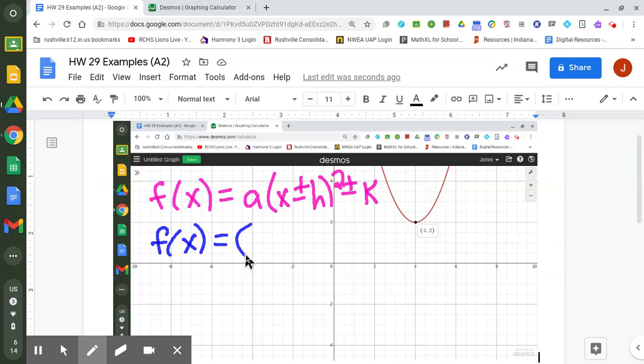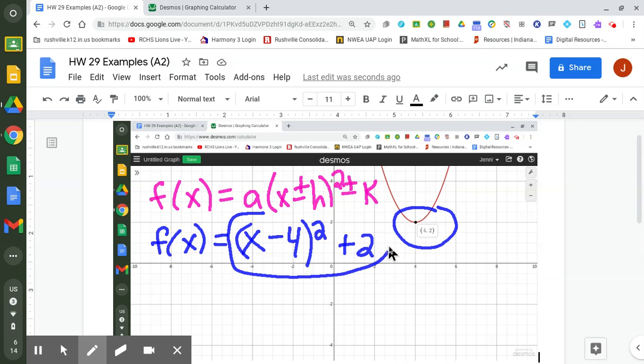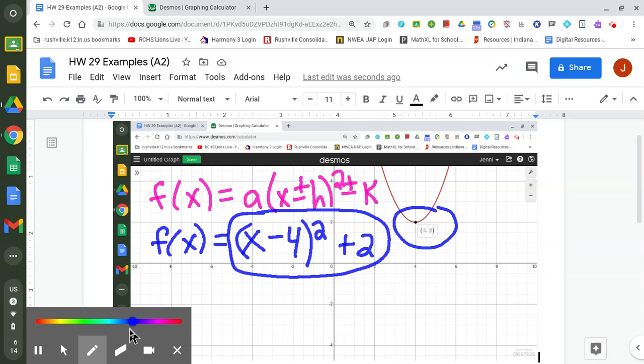So I've got parenthesis, and then I've got x, and here is my vertex. It's +4, -2, so that means that this would be x minus 4, and that quantity would be squared, and then the k is +2. So the answer that I would put in MathXL or on my blank, because all that I was given was the vertex, so that's all that I can put into my equation.